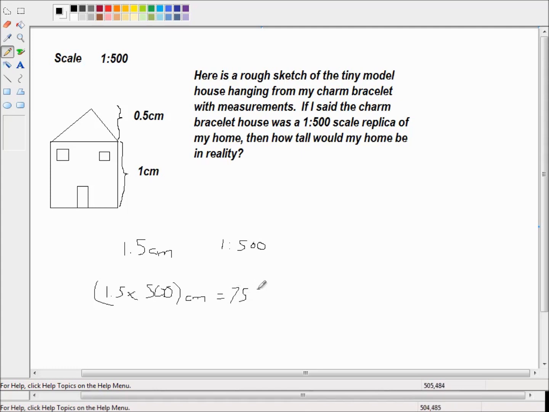So my house is 750 centimetres, and those aren't really good units to use for such a large building, so we should show that in metres. So that's 7.5 metres, because 100 centimetres is 1 metre. So the real house is 7.5 metres tall.